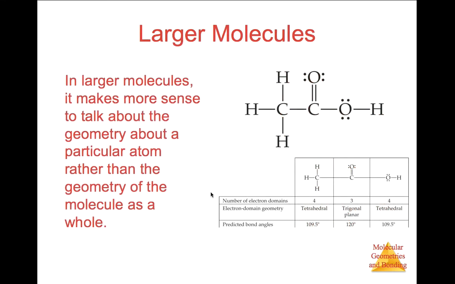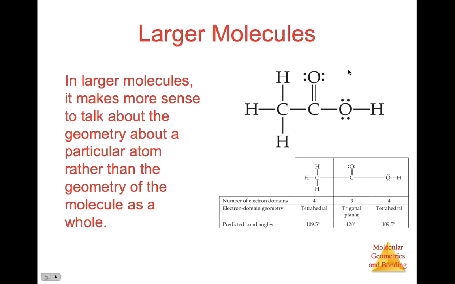For larger molecules, it makes more sense to talk about the geometry about a particular atom rather than the geometry of the molecule as a whole. So for example, right here around the carbon atom that I'm circling, it would have 1, 2, 3, 4 bonded domains, 0 non-bonded domains, so it would be called tetrahedral. About this carbon that I'm circling right now, there would be 1, 2, 3 bonded domains, 0 non-bonded domains, and so we'd call it trigonal planar.